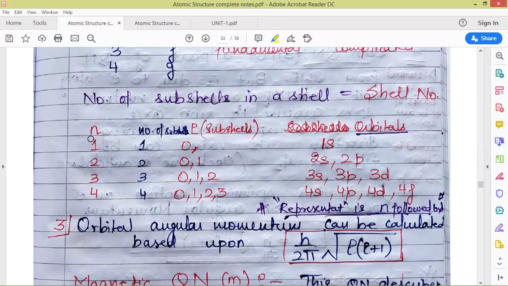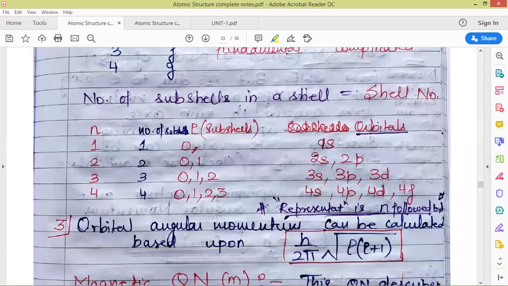Now we'll see, for different values of n, what are the possible values of L. For n as 1, L goes from 0 to n minus 1, that means just one value, and that is 0.